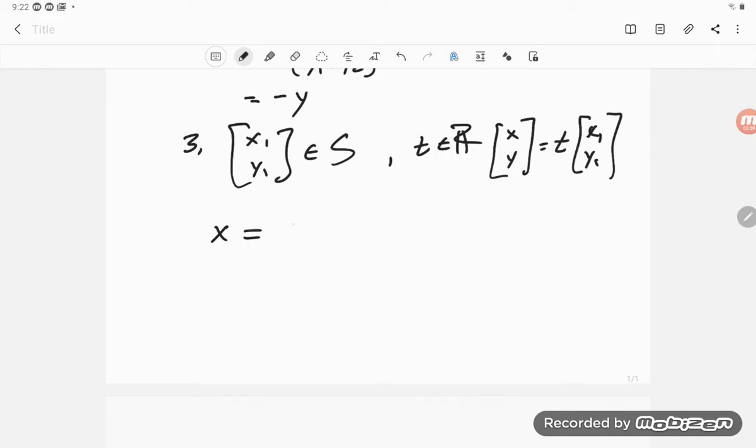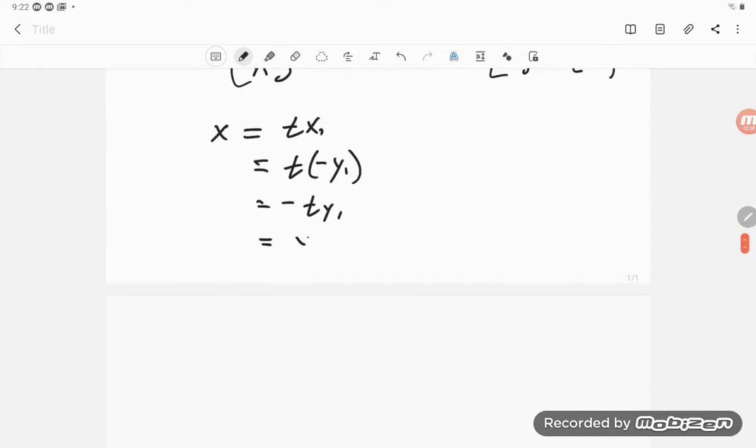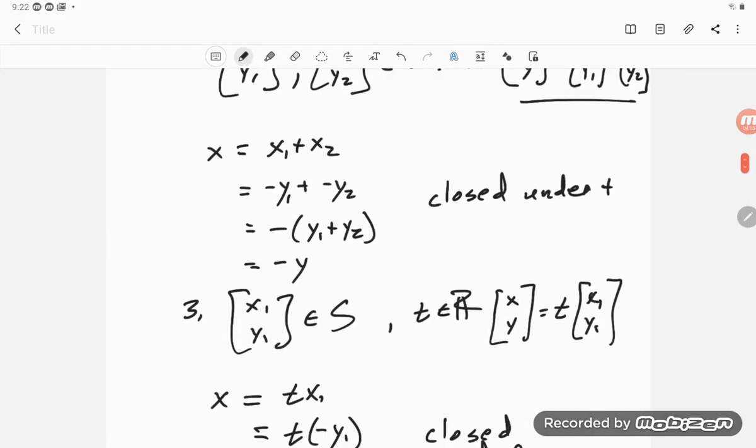So x is equal to t x1, but x1 is negative y1, so that's negative t y1, which is y, and so closed under scalar multiplication. And there we have it. So that is indeed a subspace.